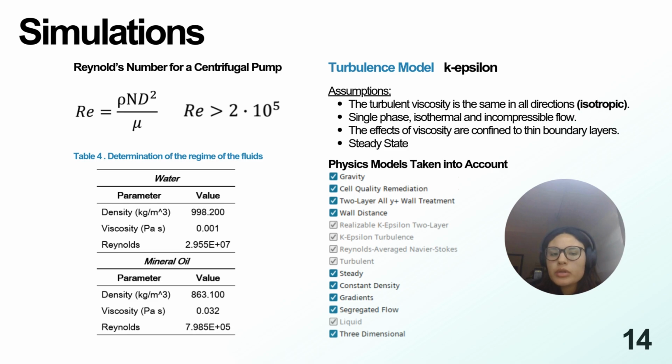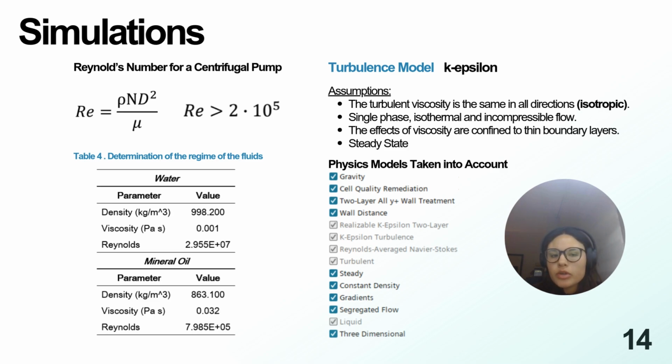Even though there are different models for turbulent flow, such as the SST k-omega model mentioned before, the k-epsilon model was chosen taking into account its robustness and computational efficiency, especially for high Reynolds number flows. The k-epsilon model is particularly effective for flows with strong curvature and rotation, such as swirling flows, which are seen within the impeller of a centrifugal pump.